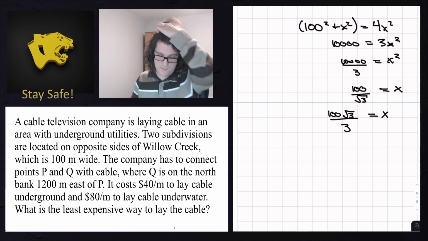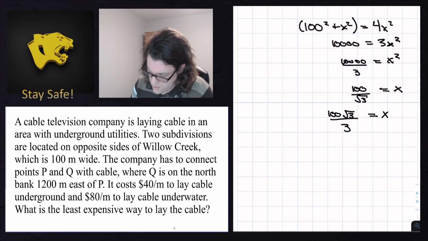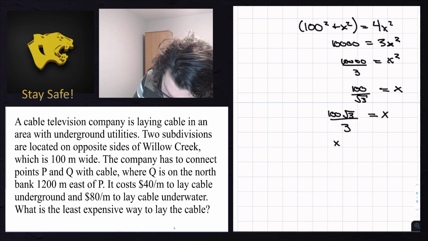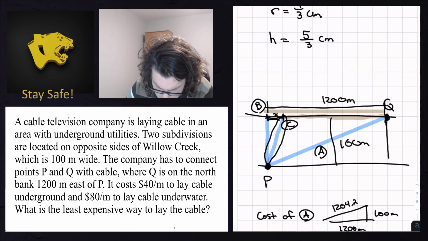Now, just to give you an idea of what that is as a number, I'm going to punch it through the calculator. That would be 100 times the square root of 3 divided by 3, which gives us an X value of 57.7 meters. That's not a very large amount compared to our diagram.